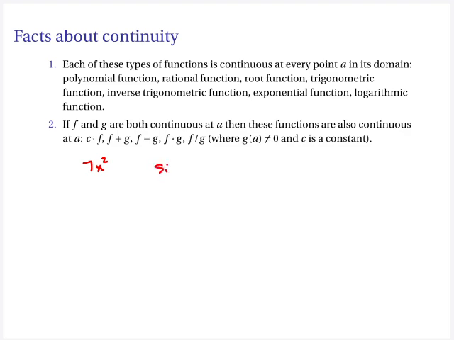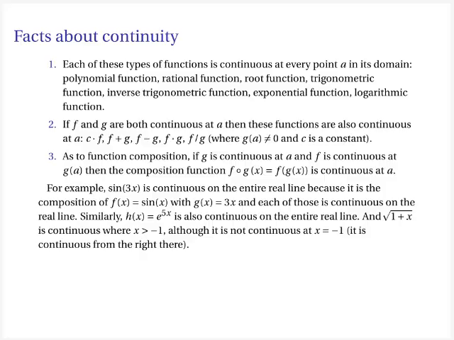If sine of x is continuous and square root of x is continuous, then so is the addition, and so on. So you're not surprised to find that the subtraction, the multiplication, and the division, provided, of course, that the denominator is not equal to 0, all satisfy that if f and g are continuous, then f combined with g in any of these simple operations is also continuous at that spot.